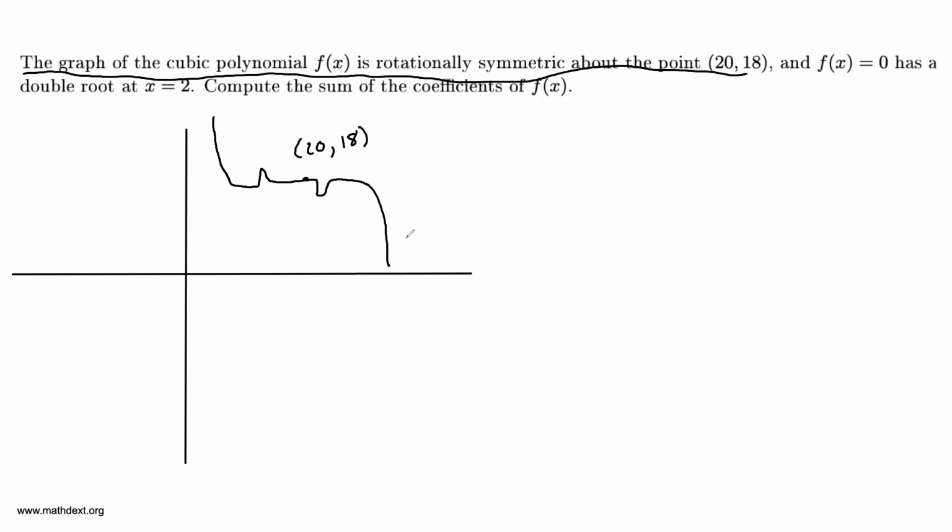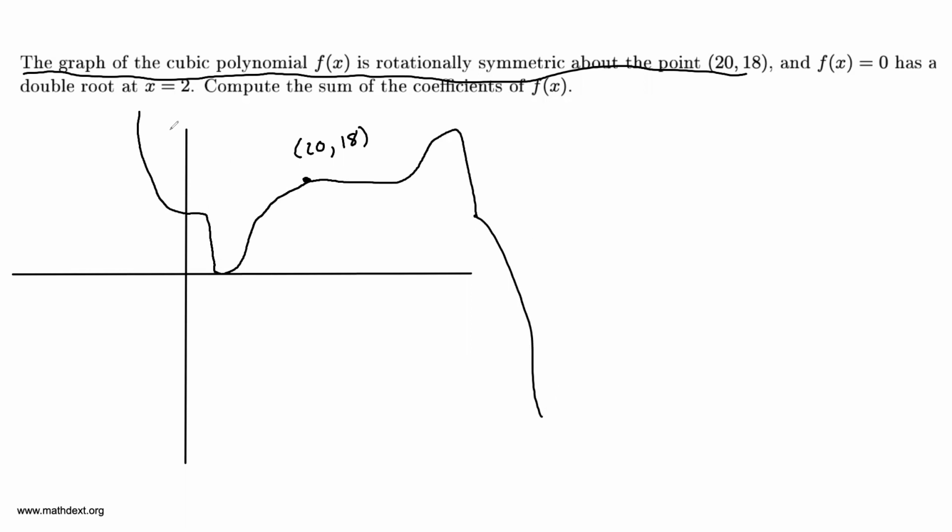Obviously this is not a cubic function, it's just giving you a sense of what rotationally symmetric would mean, because if you rotate this function about the point 2018 by 180 degrees, or you simply turn your head upside down, you get the same thing. Another example of a function that's rotationally symmetric about the point 2018 is something like this, and it touches the x-axis at some point, and then it just goes down.